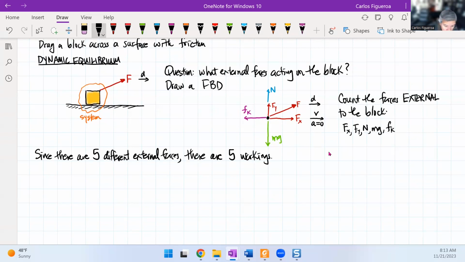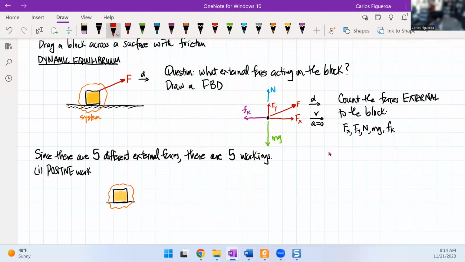So then I start to look at this thing. The first thing that I'm going to say, number 1, which does positive work? When I look at the block, what I'm seeing here is that there's only one force that does positive work. Here's my system.